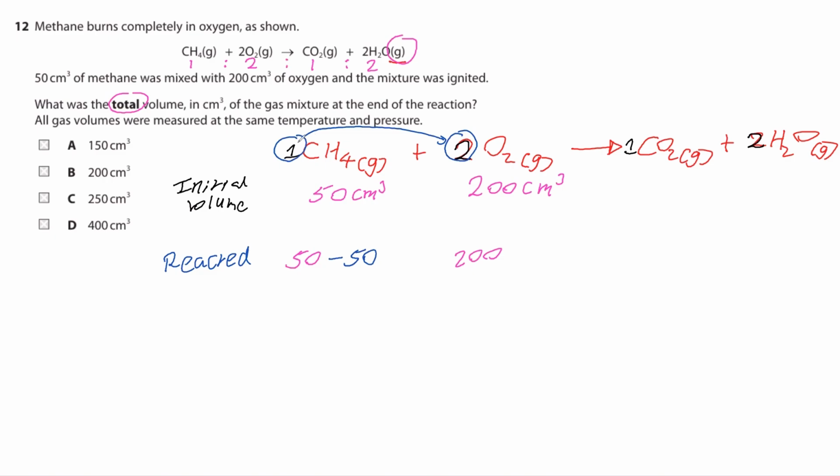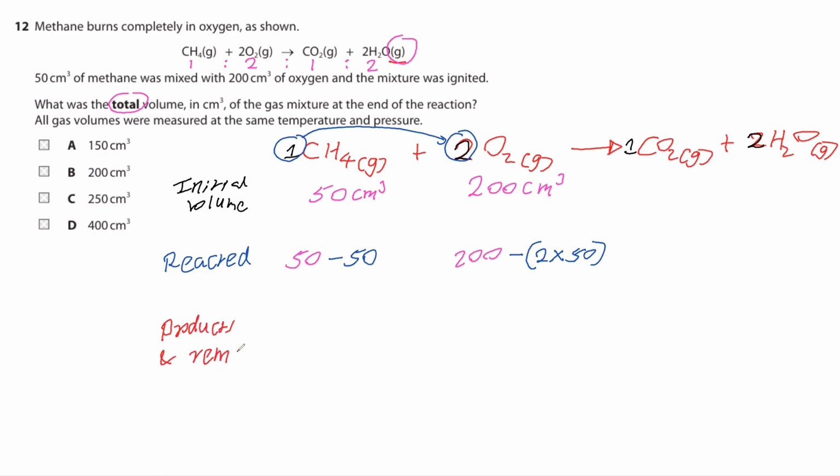So if I add 1 cubic centimeter of methane, to react with it we need 2 cubic centimeters of oxygen. To react with 50, we need 2 times 50 cubic centimeters of oxygen. If I do the math, let's see products and remainings.